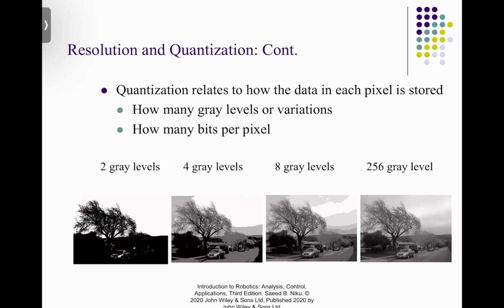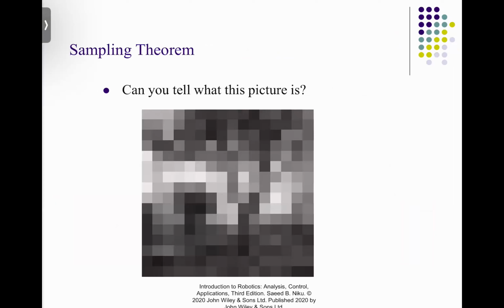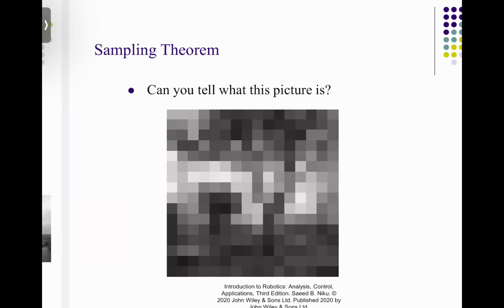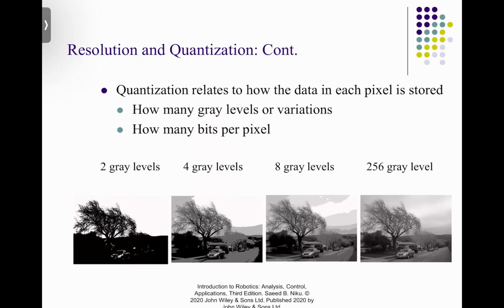You can add 8 gray levels, you can add 256 gray levels. So there are 256 shades of gray representing this picture. 256 gray levels is 2 to the power 8. So it's 8-bit.